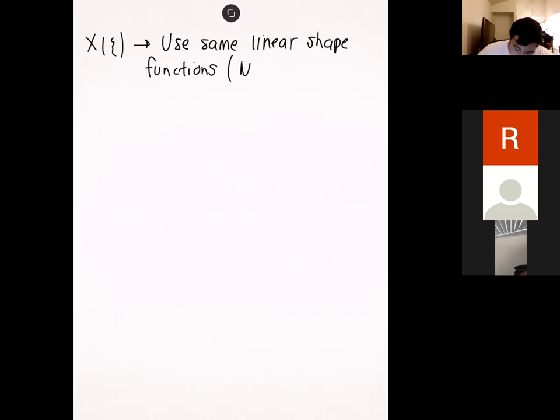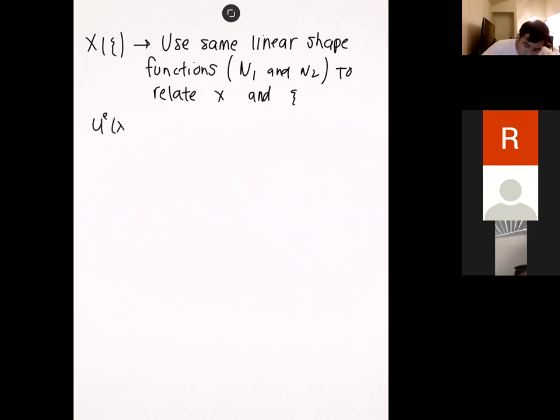Remember, this is n1 and n2, to relate these two quantities.